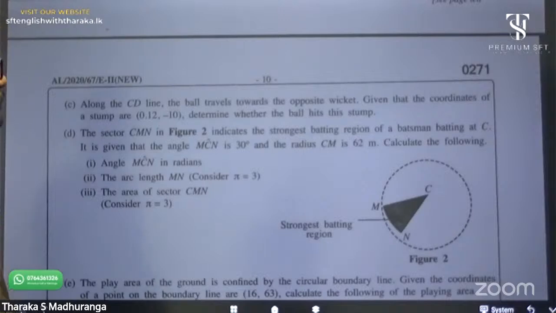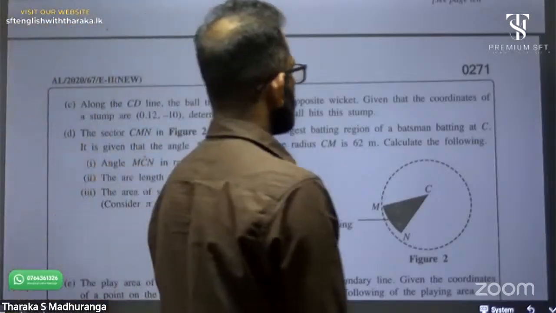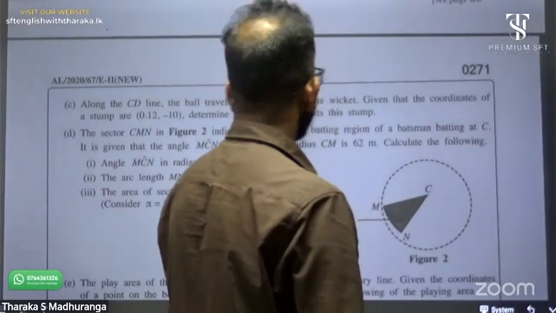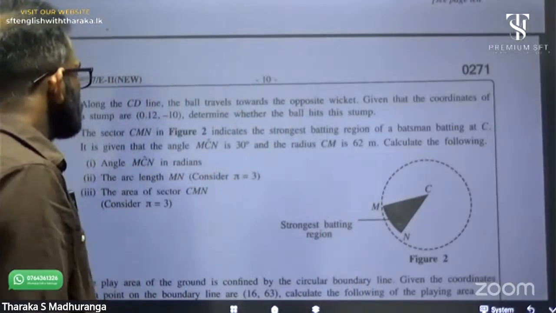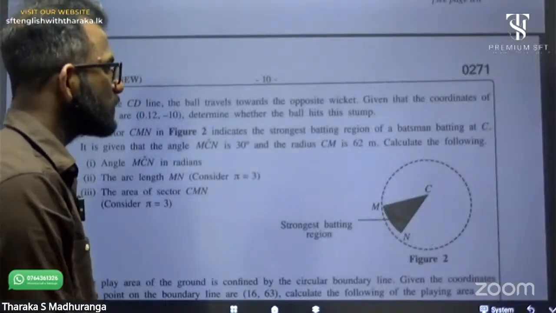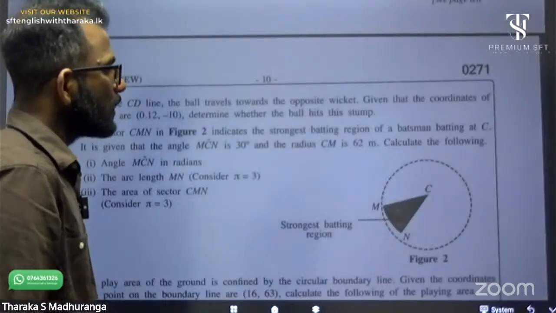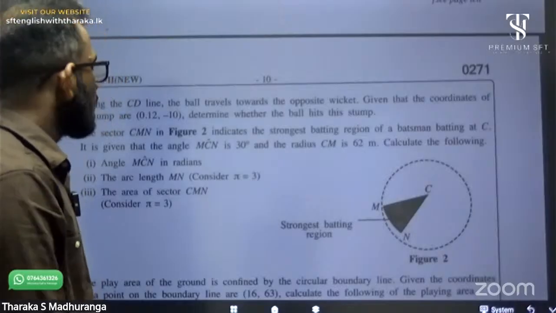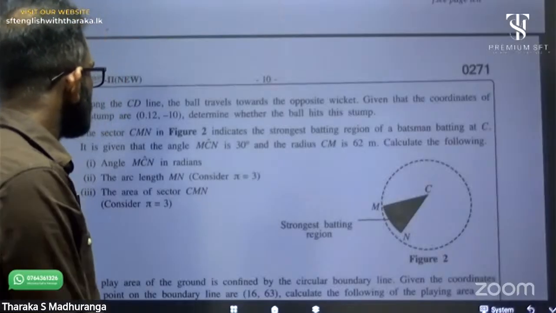Figure 2 indicates the strongest batting region of the batsman's batting at C. It is given that the angle MCN is 30 degrees and the radius CM is 62 meters. Calculate the following. The angle in radians.